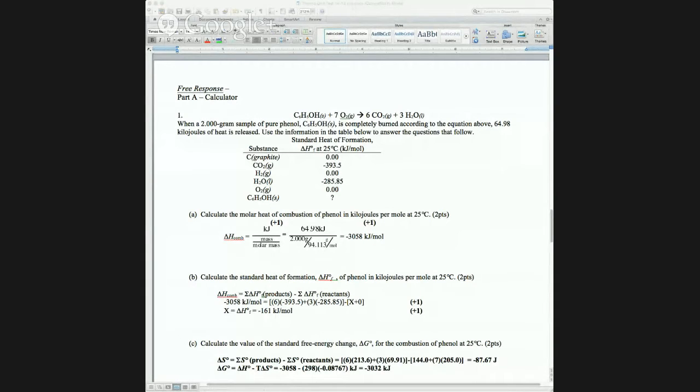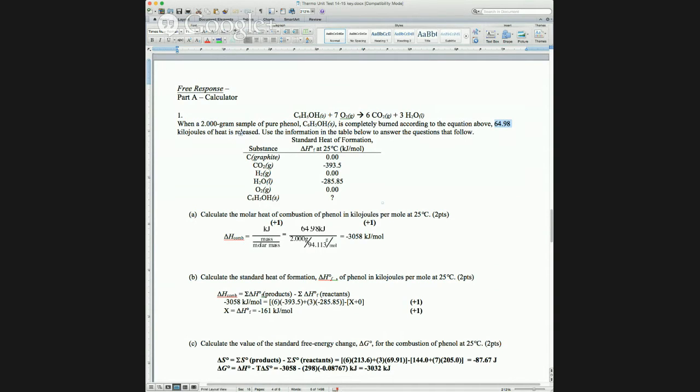All right. For response 1A. It was actually a really straightforward question. It just feels weird. So if you're burning 2 grams, so you have 2.00 grams of the phenol, and it's burned, and you get this much kilojoules.